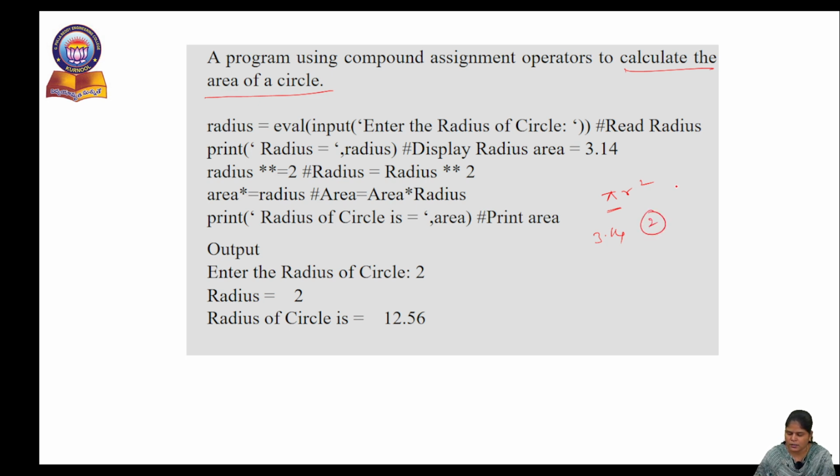So the radius is taken as 2. Here the radius will store the value 2, as I've given the input as 2. So I'm printing, and it will print the radius as 2.